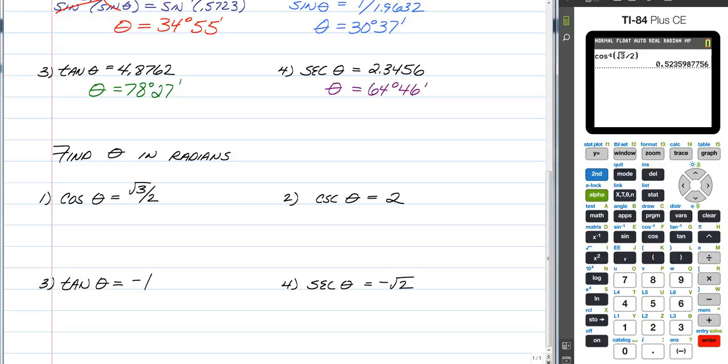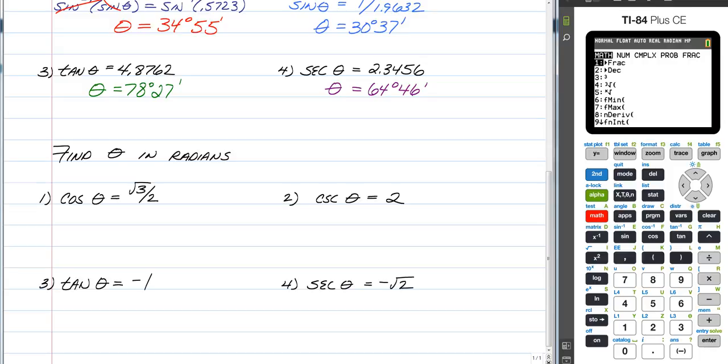So here's the thing, what is a radian? It's usually a fraction with pi, but the pi goes on top. So if we want to make the pi disappear, we would just divide this by pi. So we're just going to divide by second up, and it's going to give us a decimal. And then our calculator knows how to change that to a fraction.